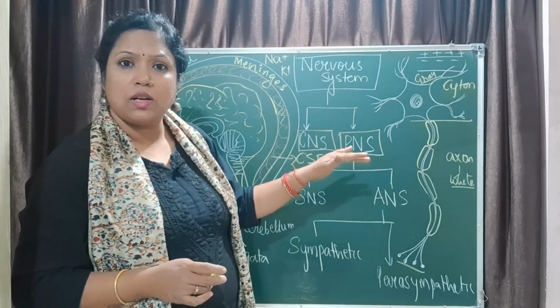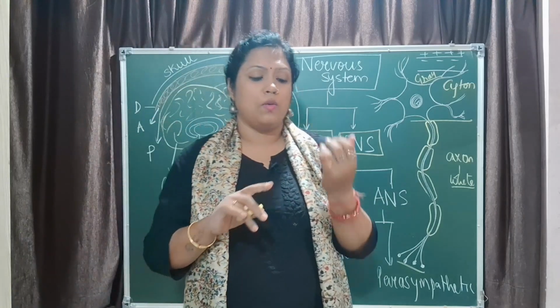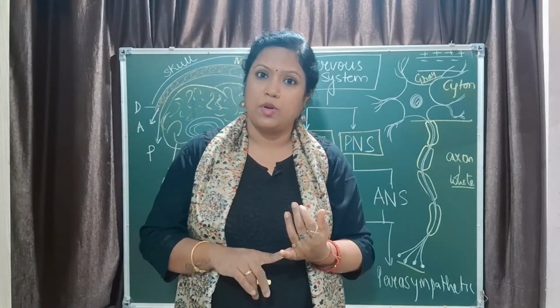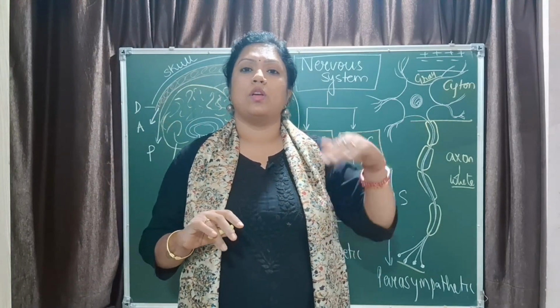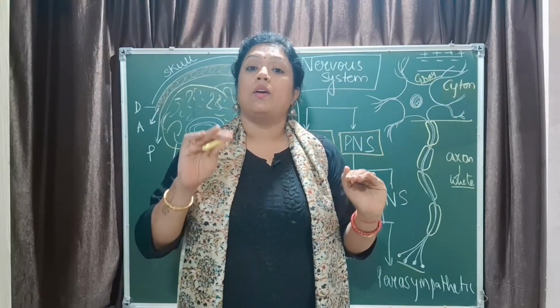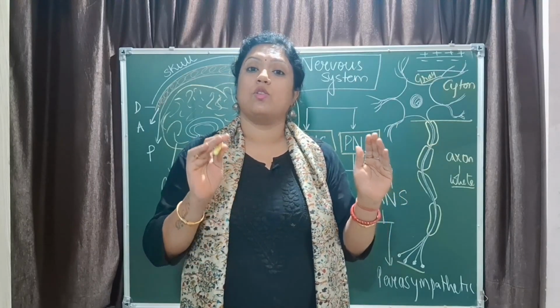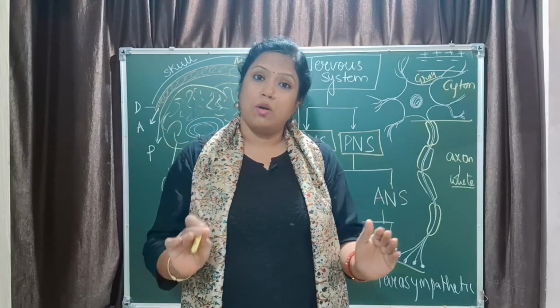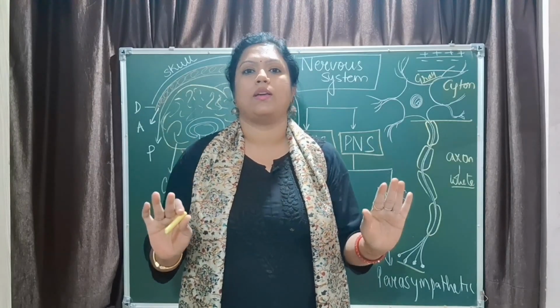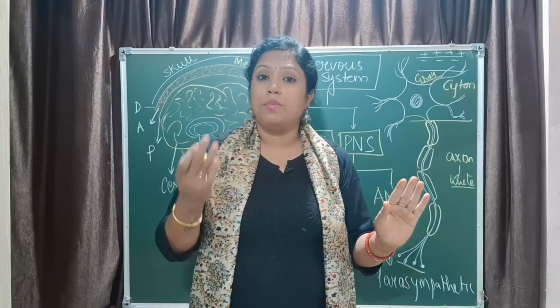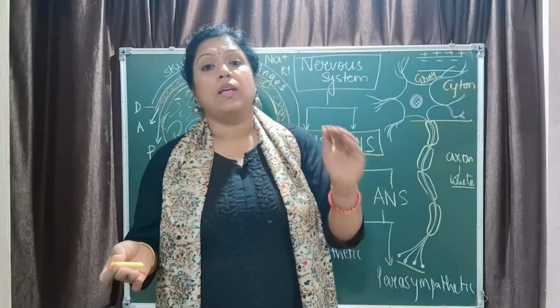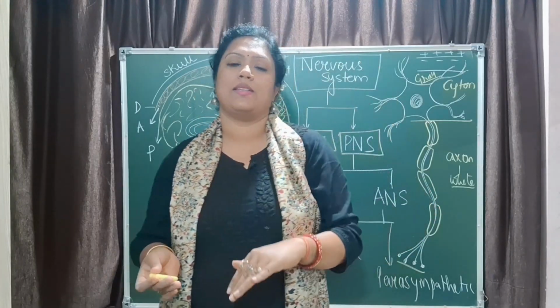I hope you understood the conduction of nerve impulse. Remember, what are the ions responsible? It is sodium and potassium. In normal state, sodium is out, potassium is in. That is the resting potential. It is also called the polarized state. In normal condition, your neurons are polarized. After the impulse is generated, depolarization happens.